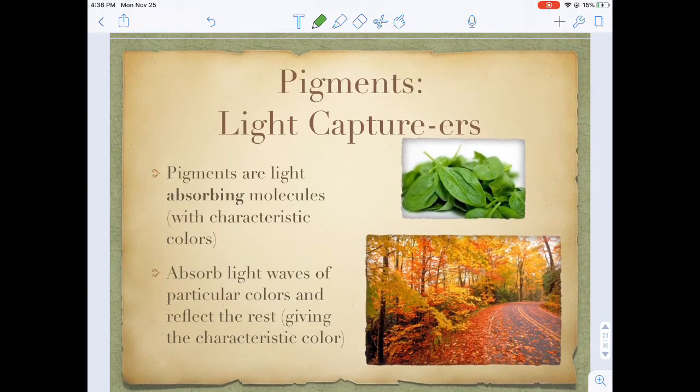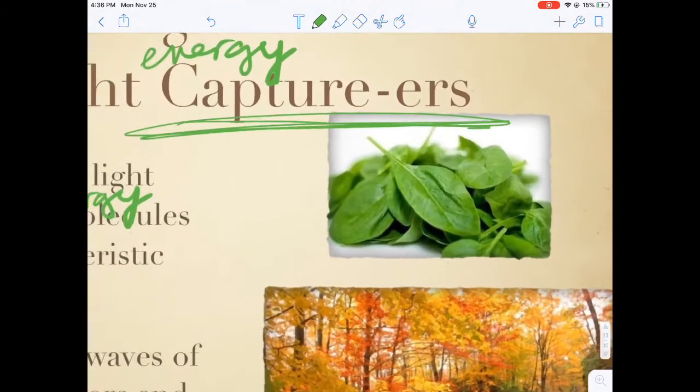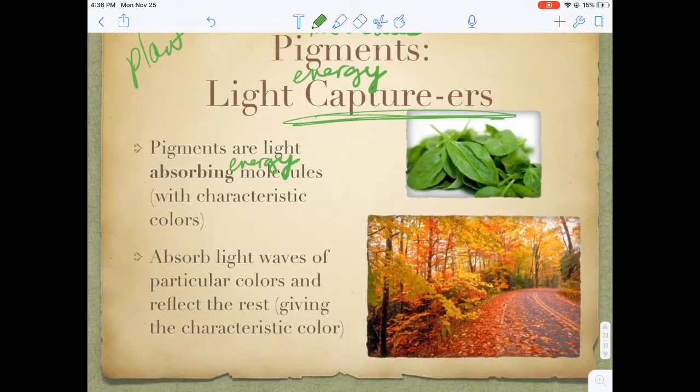So now we get back into the plant. The plant has special molecules called pigments that are basically just capturing the energy in light. Okay, so they're absorbing energy. And the interesting thing is, we're used to seeing a lot of green plants.